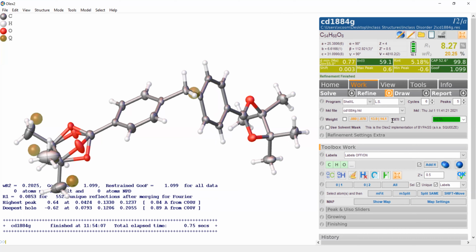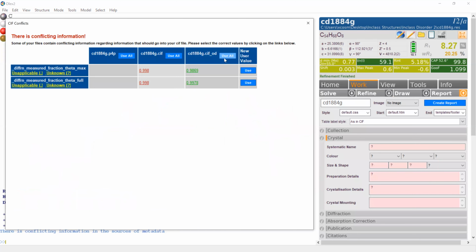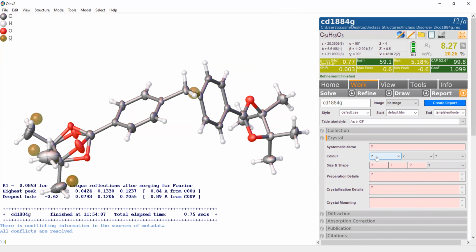You see here, the second weighting parameter is quite large. So maybe there's something wrong with our structure, or the data quality. So now let me go to report. There again, this was a clear colorless crystal.